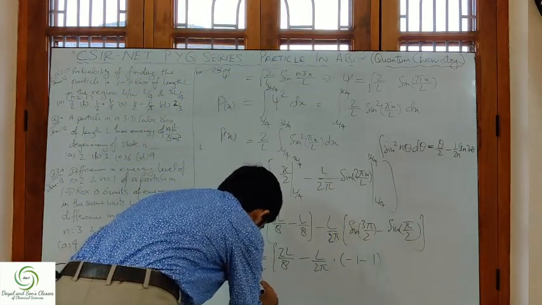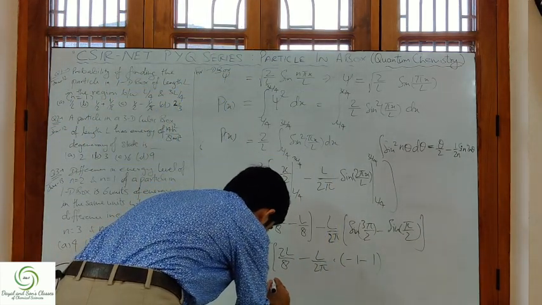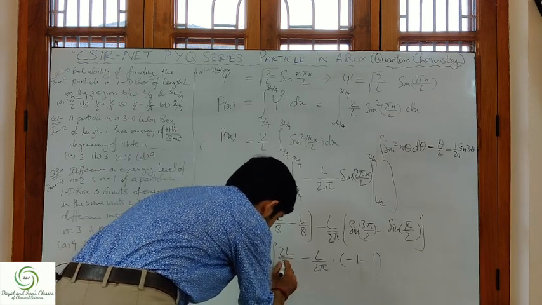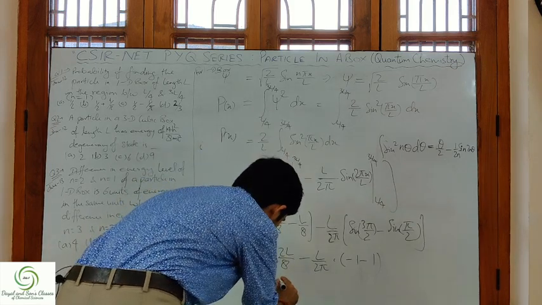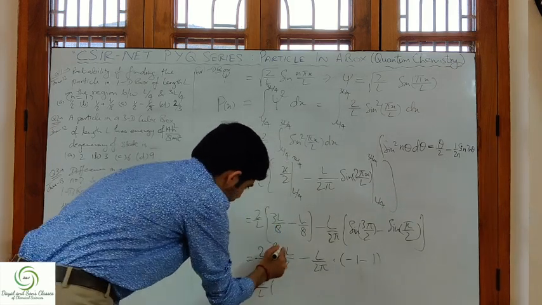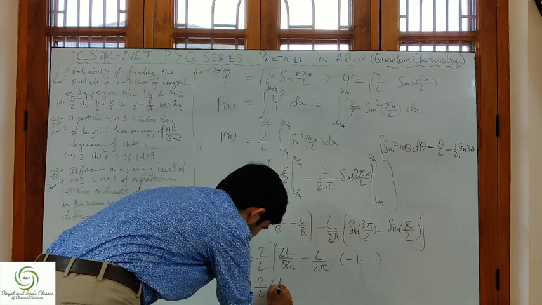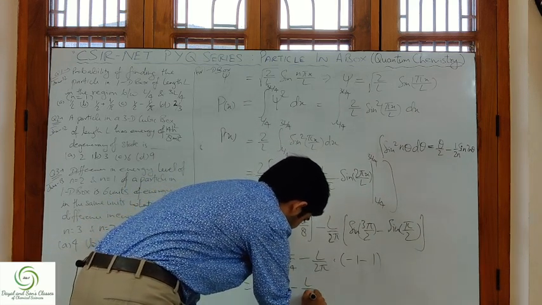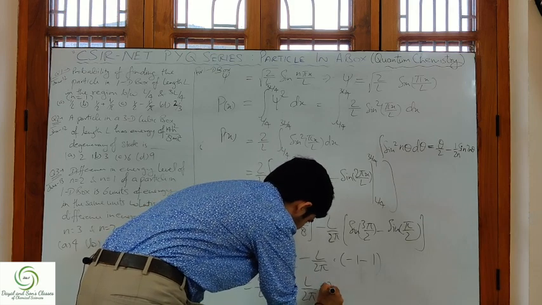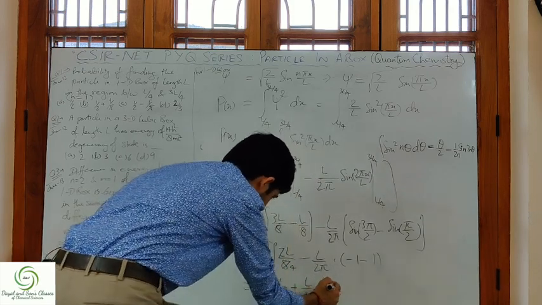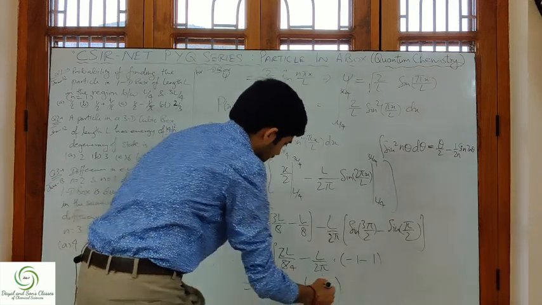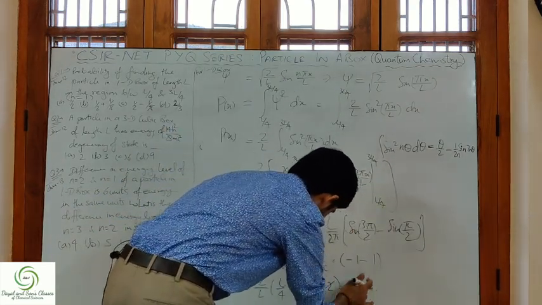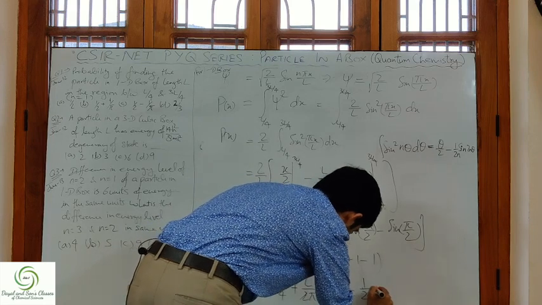What I will get is 2 upon L into L by 4 minus L upon 2 pi plus.